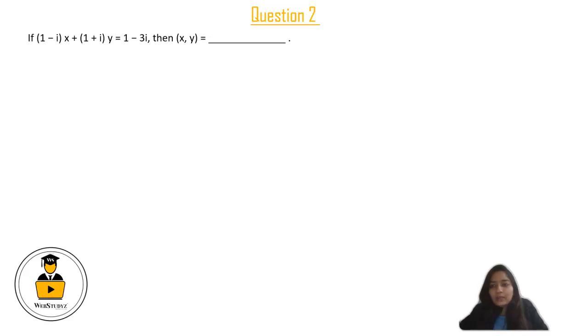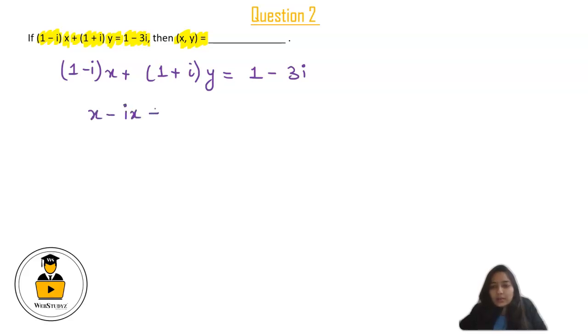Here we have: if (1 minus iota) multiplied with x plus (1 plus iota) multiplied with y is equal to 1 minus 3 iota, then (x, y) is equal to, we need to find this coordinate. So simplifying, this is x minus iota times x plus y plus iota times y, equal to 1 minus 3 iota.